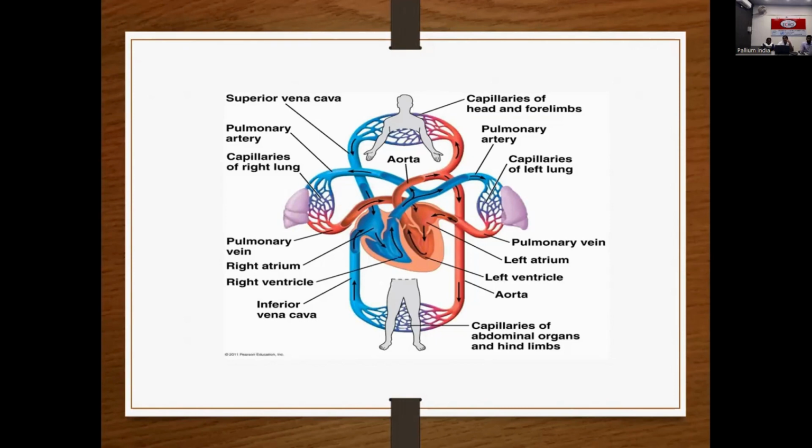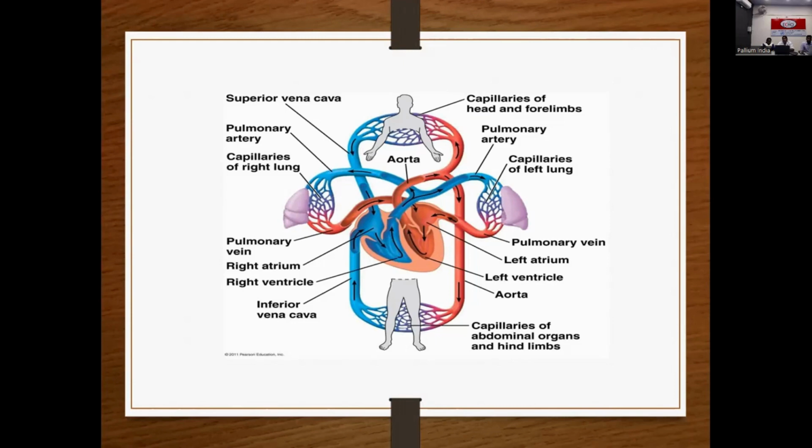It involves the lungs, heart, and blood vessels. From the upper part of the body, the superior vena cava collects the impure blood and carries it to the lungs, and the inferior vena cava collects the impure blood from the lower part of the body. It enters the lungs, where purification happens.